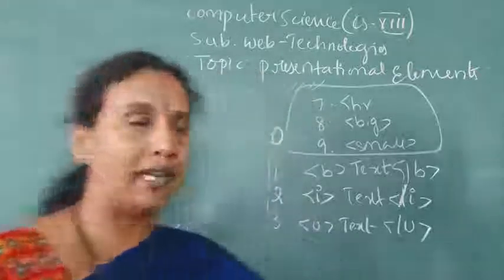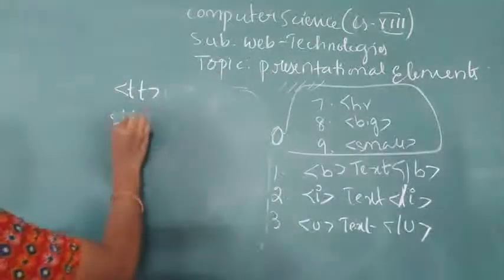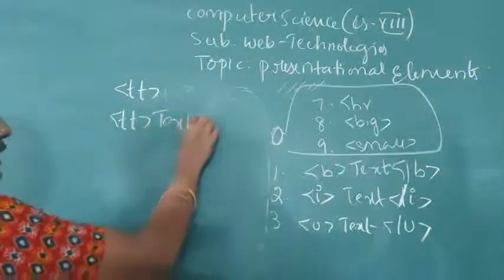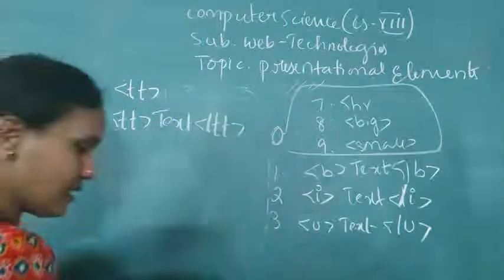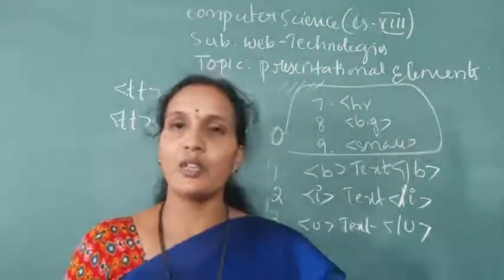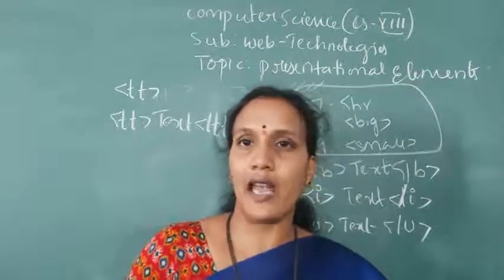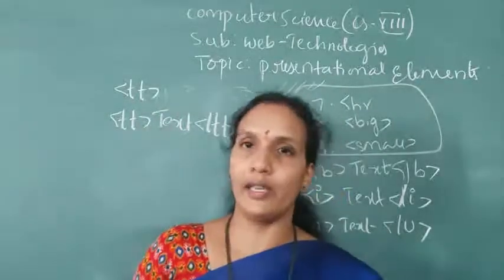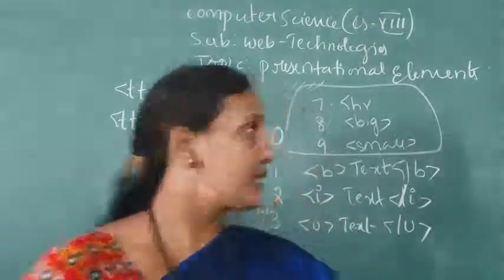Okay, this is called a TT tag. So when you include any text between a TT opening and closing, that text will be displayed as typewriter text. It means in whatever style the characters are displayed using a typewriter machine, in the same manner you will get the text using a TT tag.